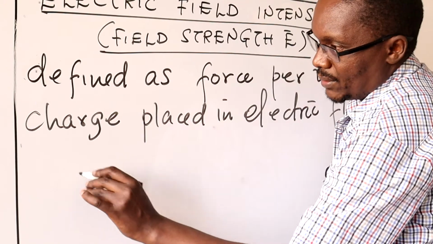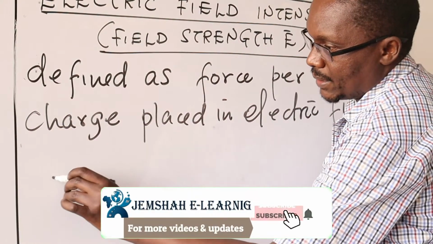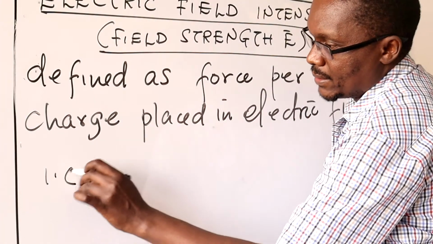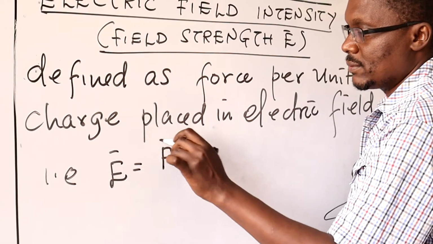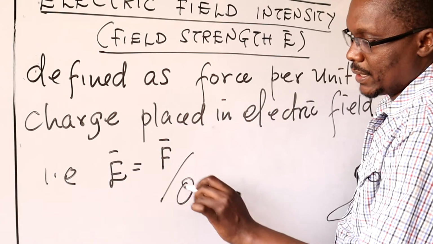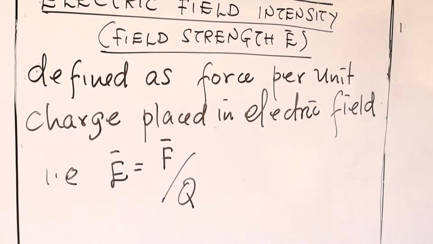So maybe you can represent it as E bar, which is the same as force per unit charge. So that is what we have as our electric field intensity.